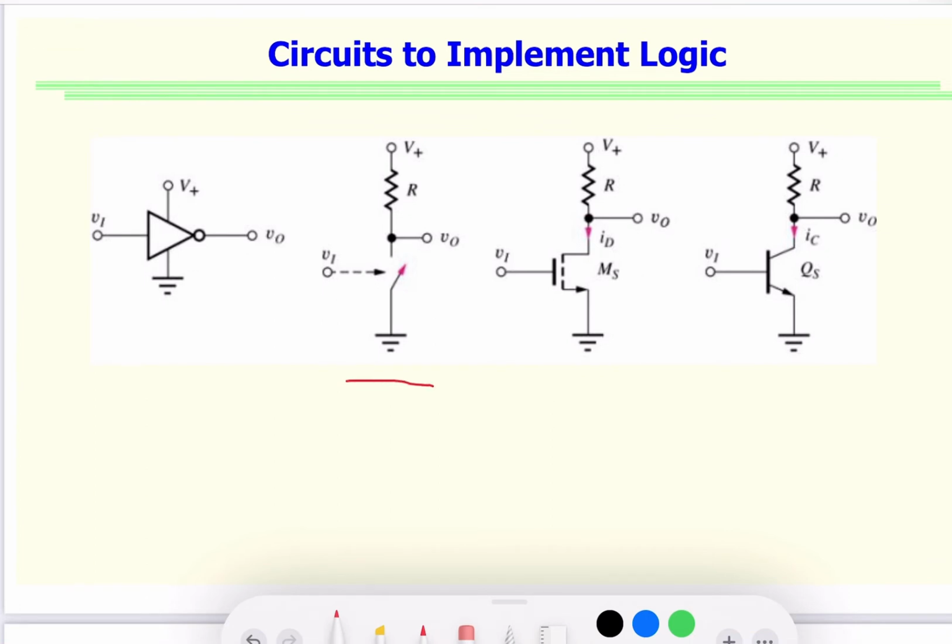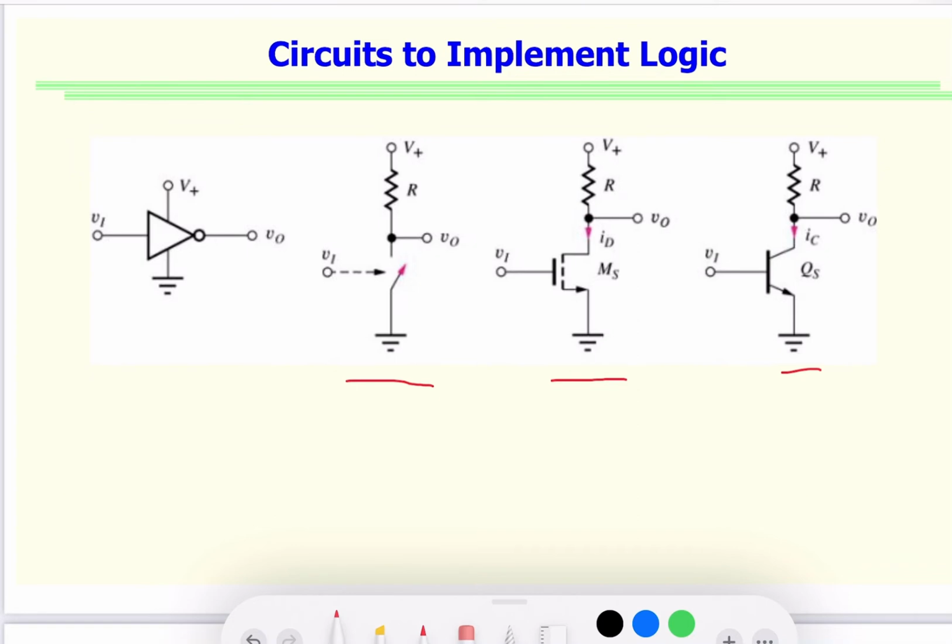Just an open switch or a closed switch, a transistor which is controlled by the gate voltage, and in this case the gate voltage is shown as VI, the input voltage, because that results in the voltage seen at the output. That's also shown in the form of a bipolar junction transistor.